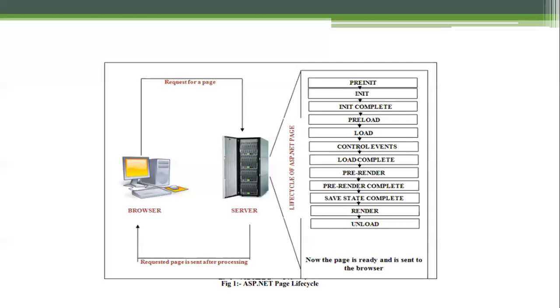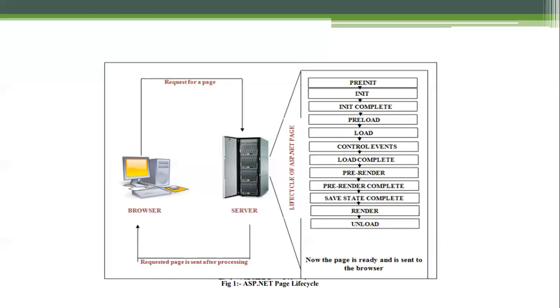Pre-render, if you want to raise some event before rendering, we can use pre-render. Like if you have some child controls and you want to perform some changes to that, you can raise that. Next, pre-render complete. This event is raised after each data bound control's data source ID property is set.